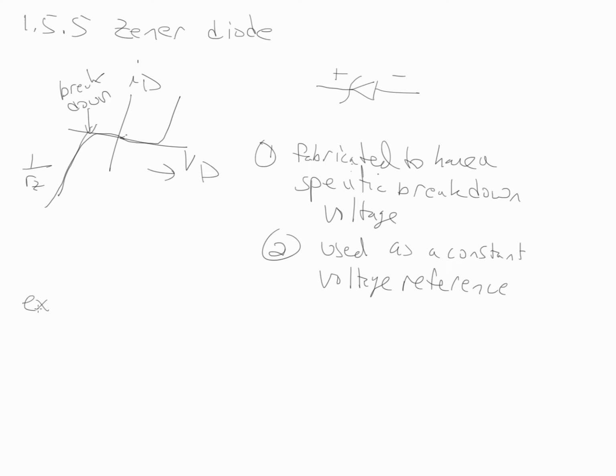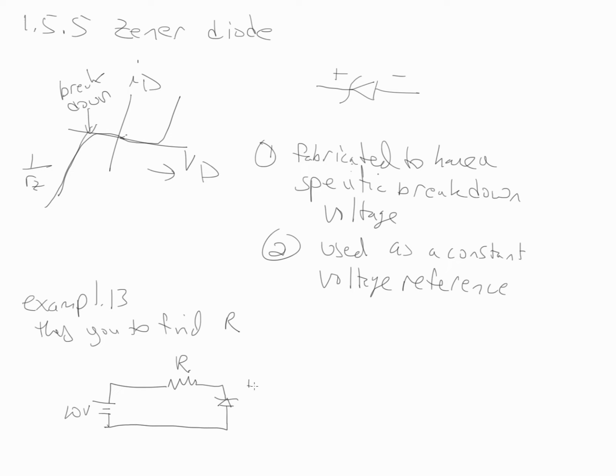And so example 1.13, they want you to find R, and you're given that this is a 10-volt power supply, and we don't know what R is, but our Zener diode is in reverse bias, and they tell you that the VZ is 5.6, so that's fixed.